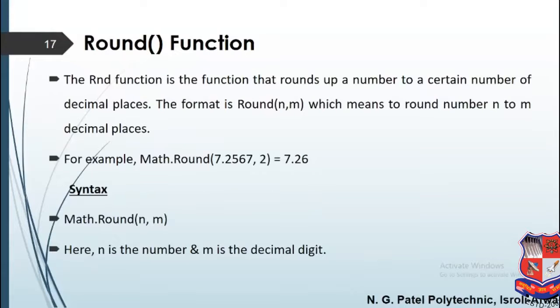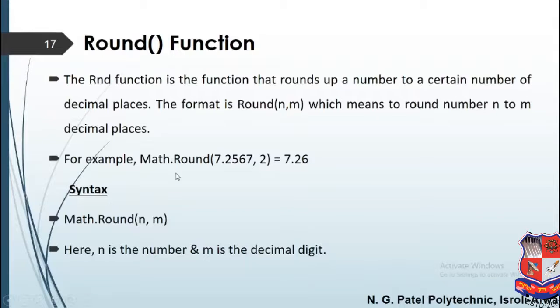Next is the Round function. So what is the Round function? The Round function rounds a number to a certain number of decimal places. The format is Round in brackets n comma m, where n is a number and m is the number of decimal digits. Okay, here is the example of the Round function.